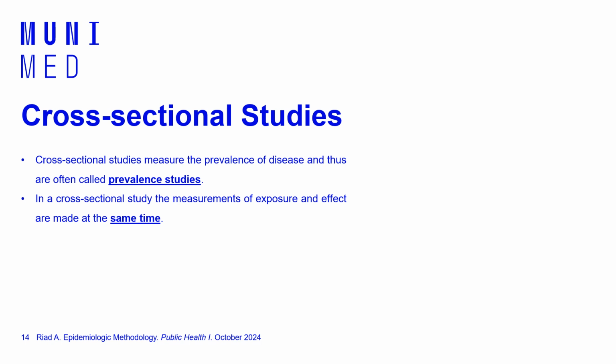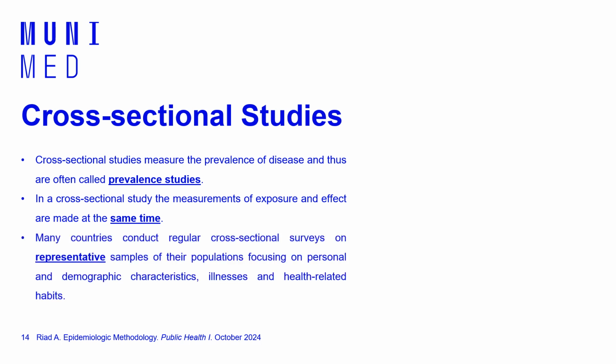Very soon I will explain how this is problematic, because you will never learn which came first. Did the exposure come before the effect, or the effect before the exposure? Because you measure them at the same moment. There was no time for follow-up or to see what happened in the timeline or history of the patient.